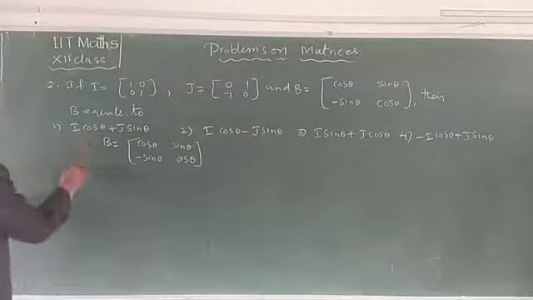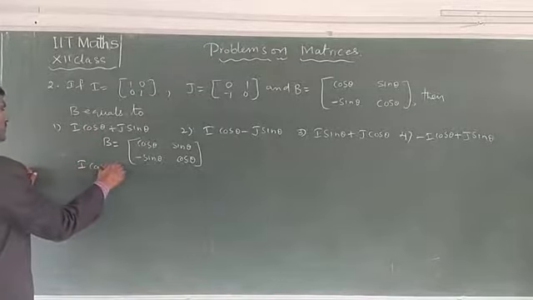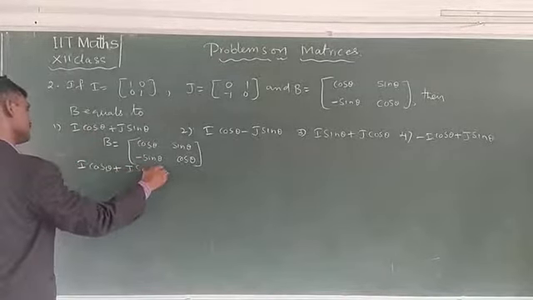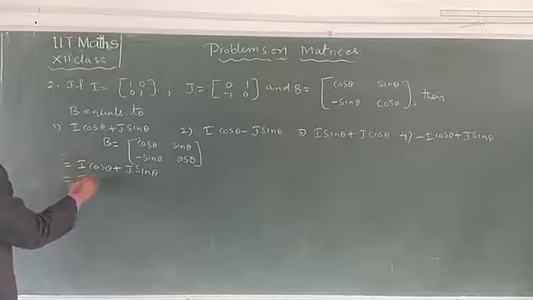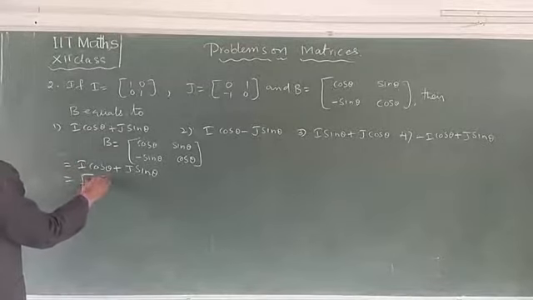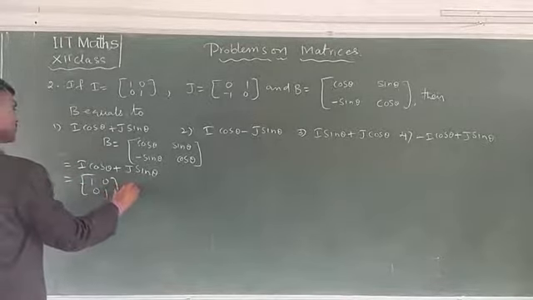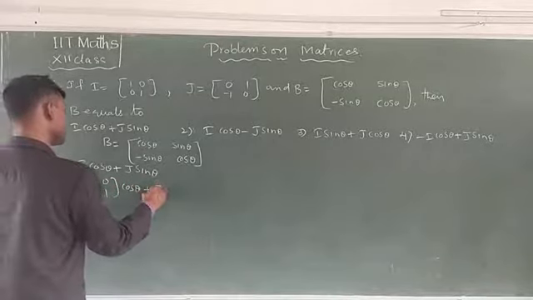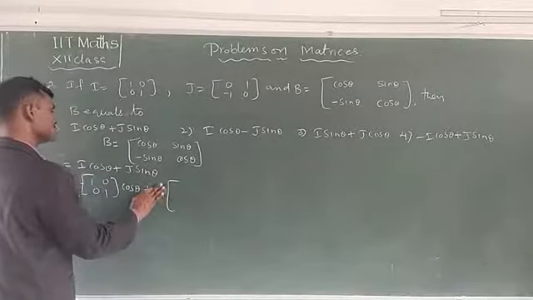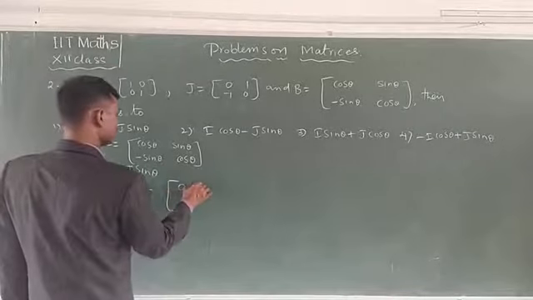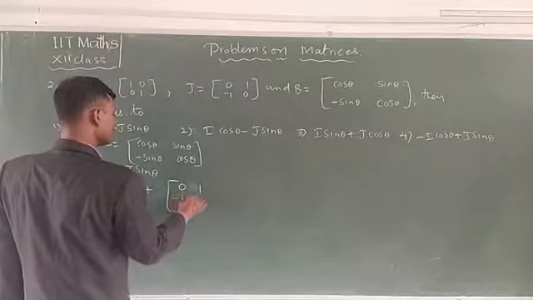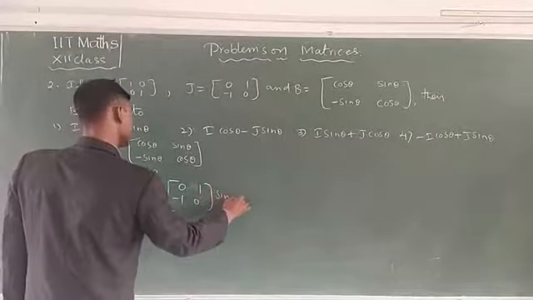Here, the first option we have to check: I cos theta plus J sin theta. Here I means [1 0; 0 1] into cos theta, plus J, which means [0 1; minus 1 0], into sin theta.